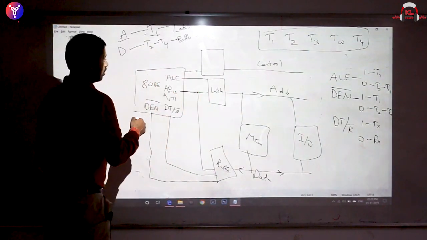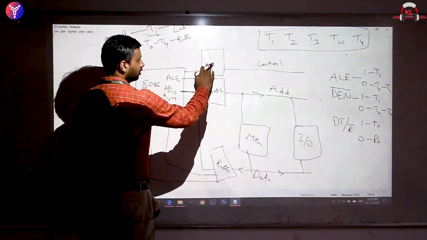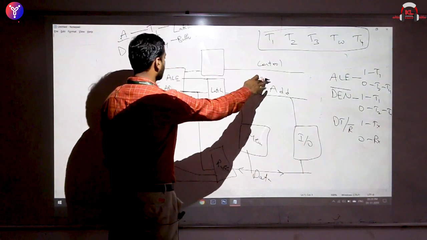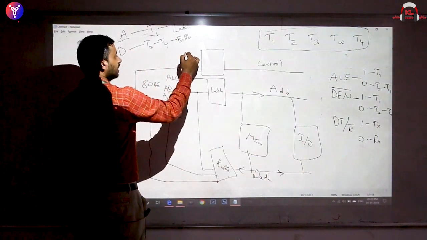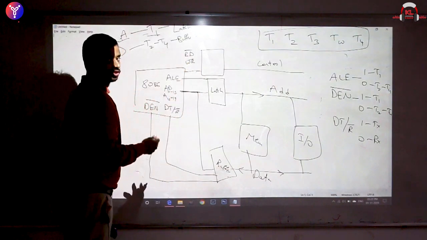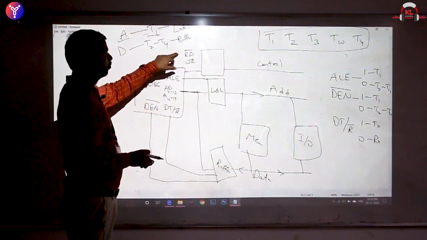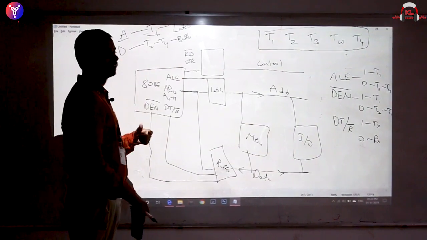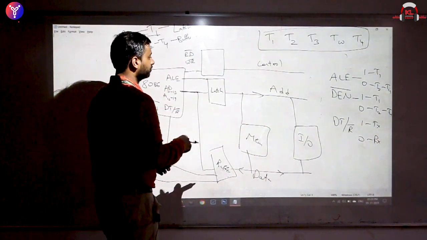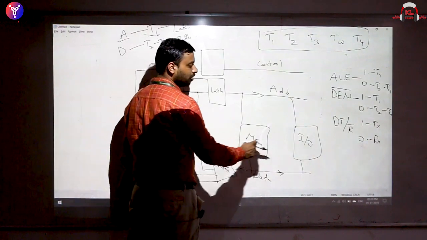So we ideally have a read bar and a write bar. Whenever read bar is 0, as we discussed, it is reading. Whenever write bar is 0, it is writing. Read and write can happen either on memory or an IO.